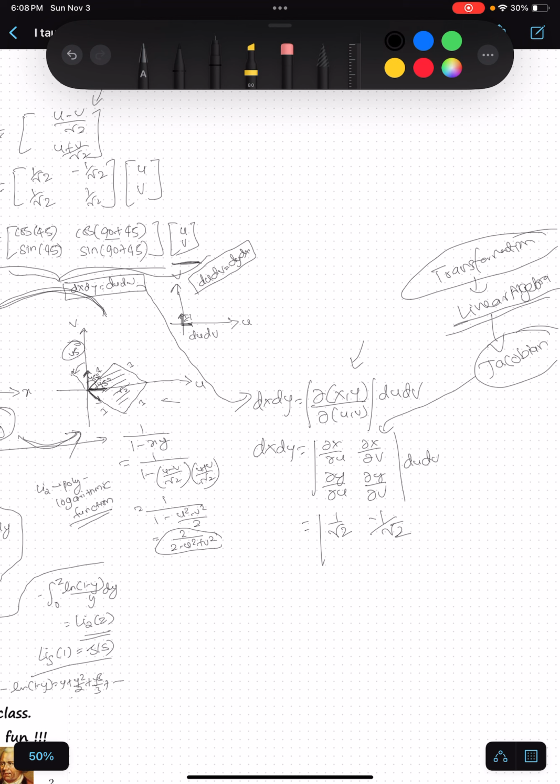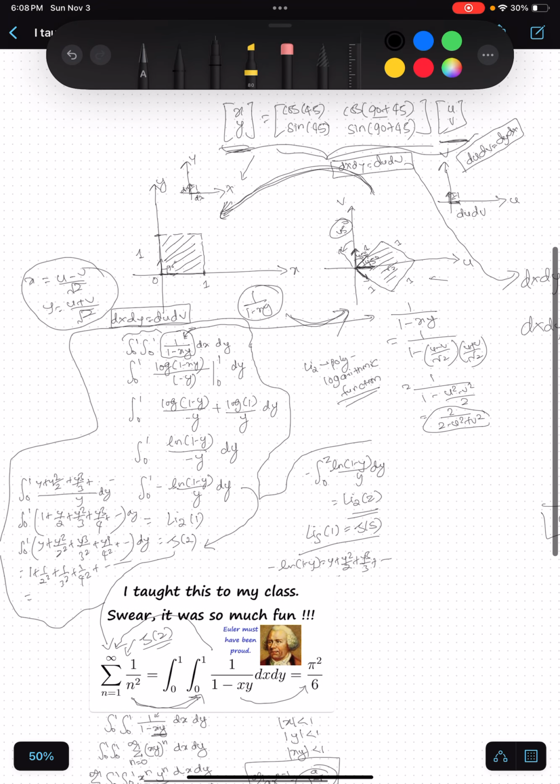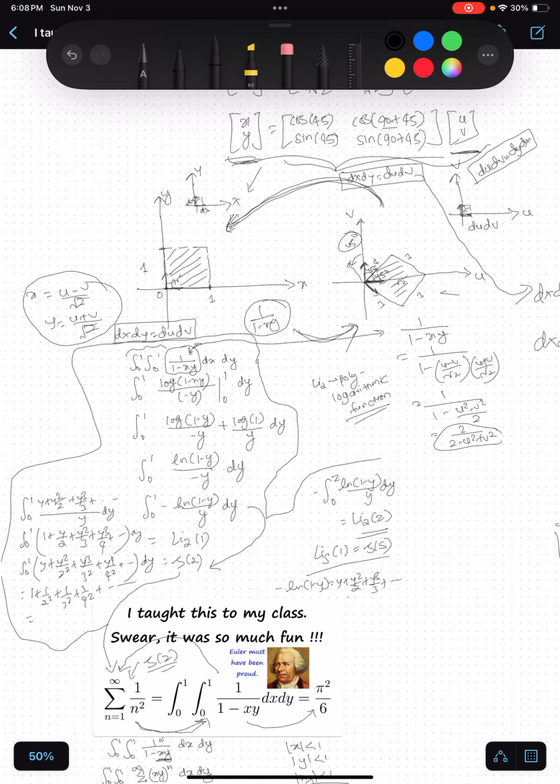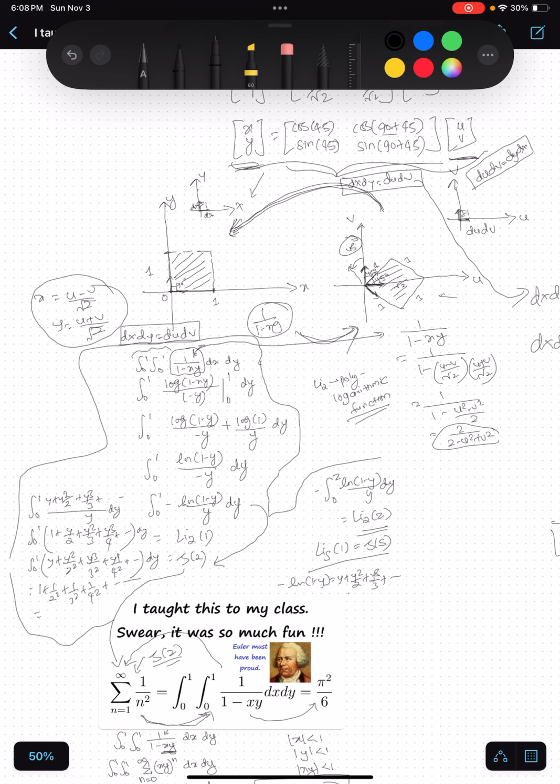You can definitely look into that if you want more details, but it was not required for this problem, so we will not go through it right now. So this is just 1 du dv. You see that dx dy is just du dv even from the calculations, right? So we found out what the function will be, and we found out what these differentials will be.